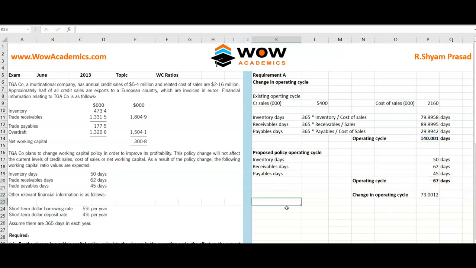You can write here: the operating cycle will decrease by 73 days if the proposed policy is implemented. Okay, so that will be our first answer.